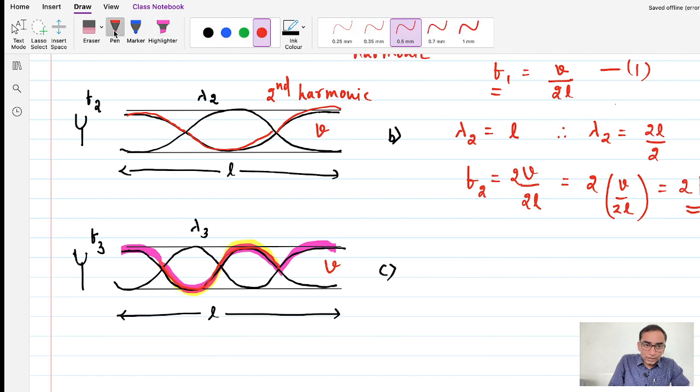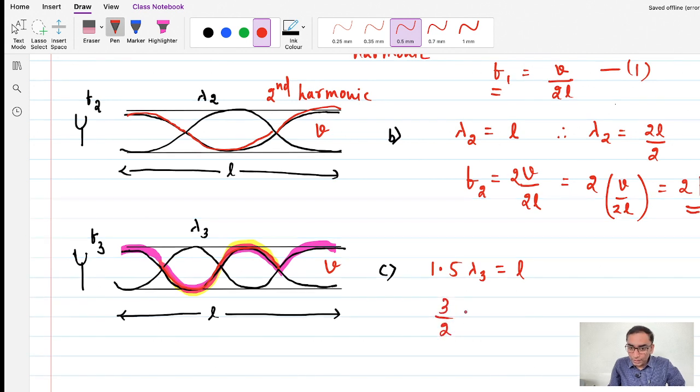So, that means we now have one full wave and 1/4 1/4, so one half wave. So, I should be saying 1.5 wavelength lambda 3 is being fit inside the length. This can be written as 3 by 2 lambda 3 is equal to L. So, we can also say that lambda 3 is equal to 2L by 3. So, if you look at the pattern, it is 2L by 1, 2L by 2, 2L by 3.